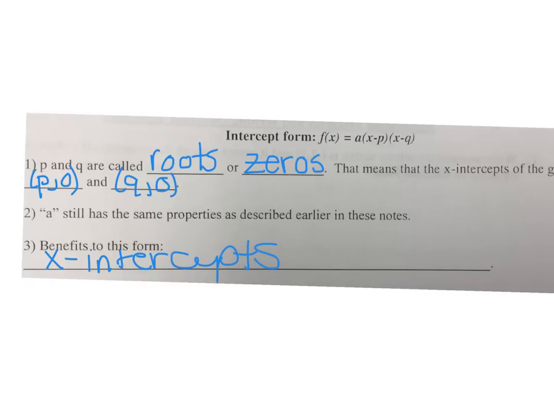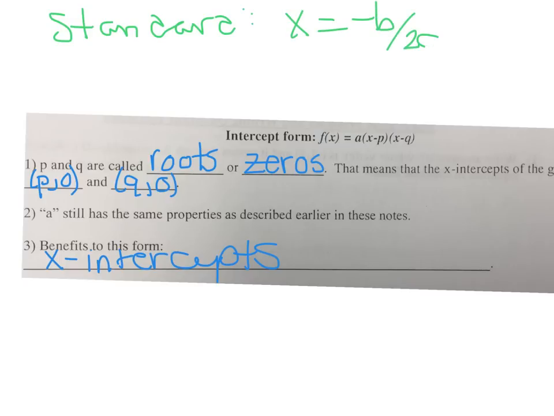So remember before when we were given standard form, we used a formula that said x equals -b, or the opposite of b, over 2a to find the vertex and the axis of symmetry. Well, there's a formula for intercept form that's very similar that will get us the vertex.